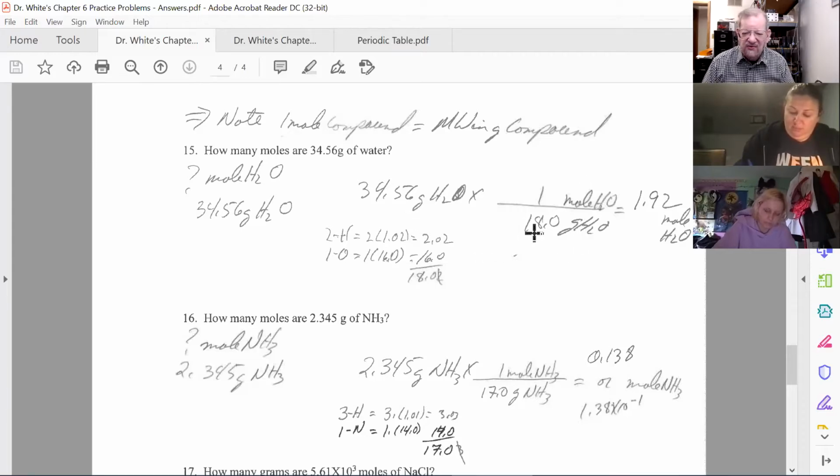Where do you get these two numbers? 1 mole of a compound, water, equals its molecular weight, which we just figured out, and I have it here again, 18.0. Notice this is 4 significant figures, 1. This is 3 significant figures, and my answer is 3 significant figures.